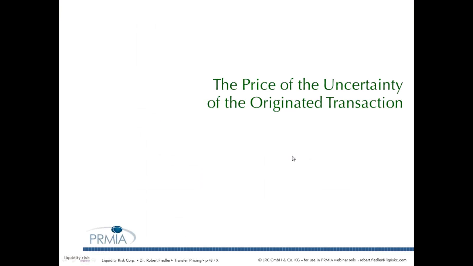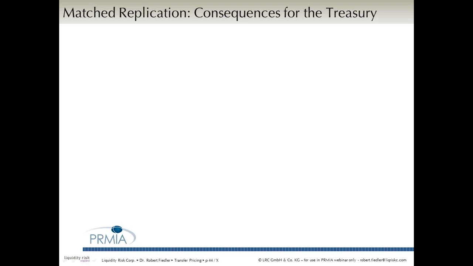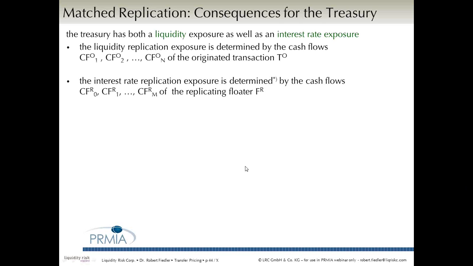Okay, the next thing is the price of the uncertainty of the originated transaction. And the problem there is the Treasury has an exposure which is on the interest side as well as on the liquidity side, and it has to deal with both things.